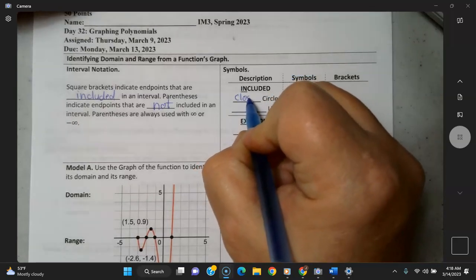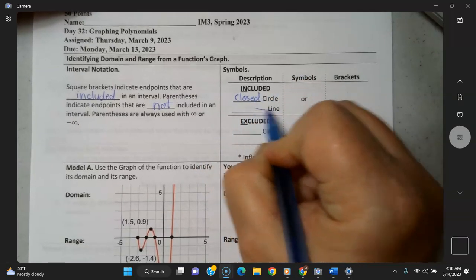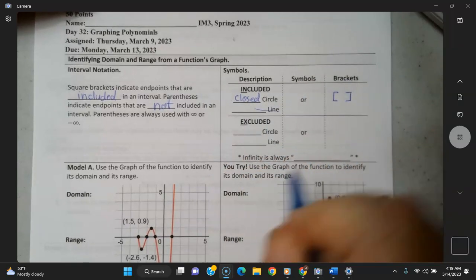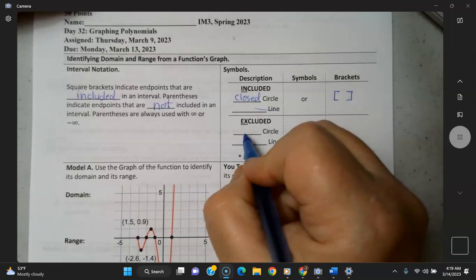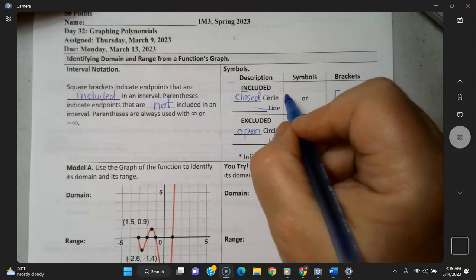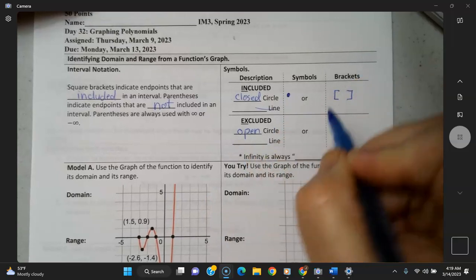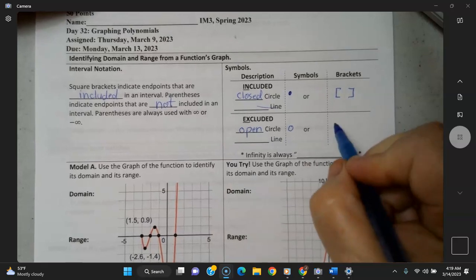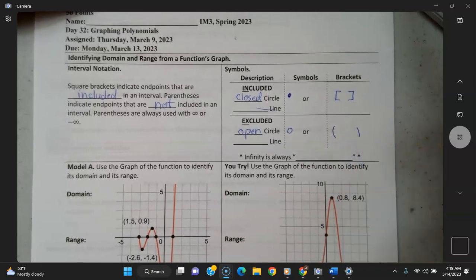It looks like a dot, but it's called a closed circle. Line doesn't apply, and that uses square brackets. Okay, excluded is anything that's an open circle. So I'll just draw the closed circle like that, and the open circle is that, and that is indicated by parentheses.